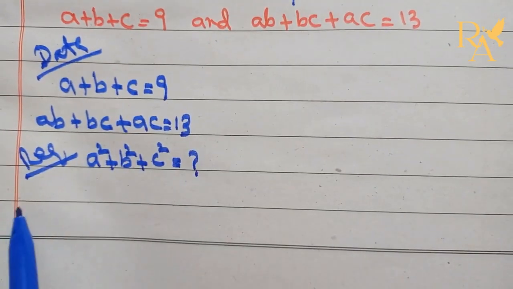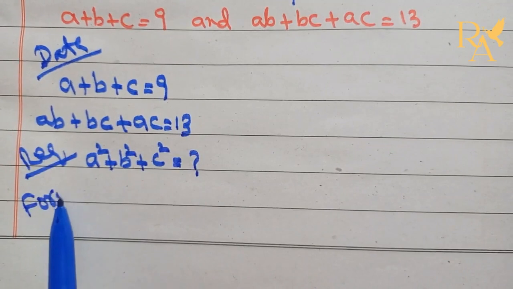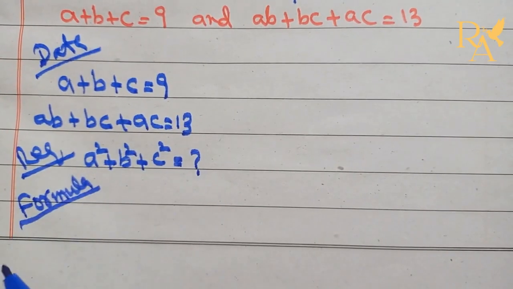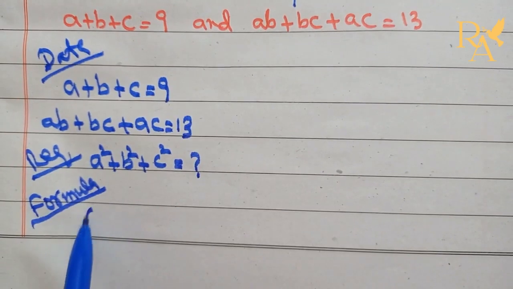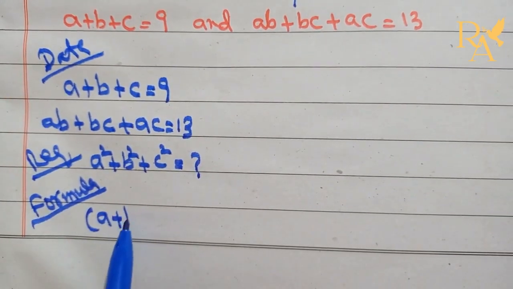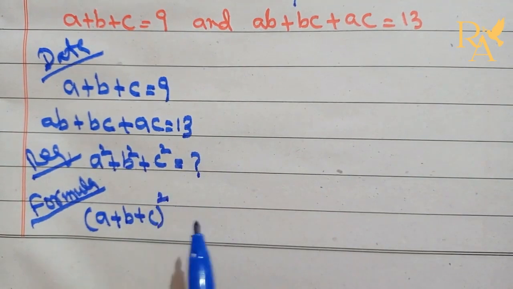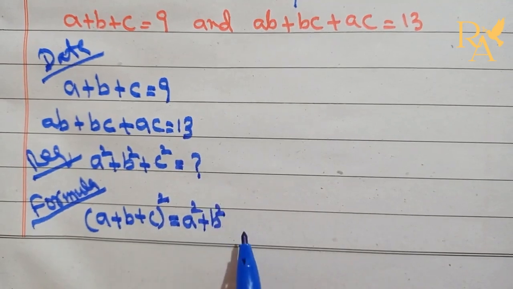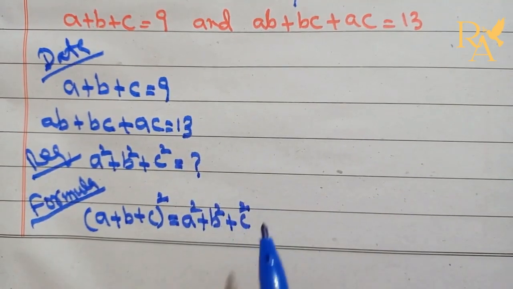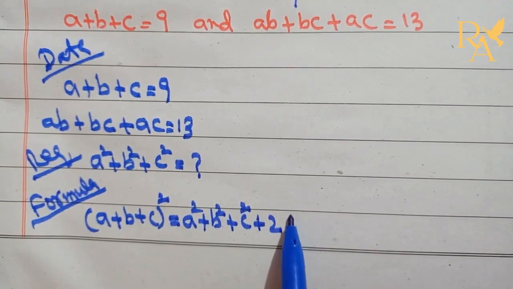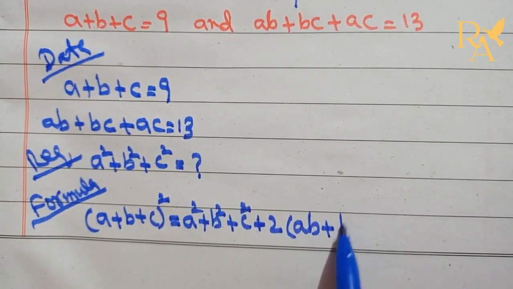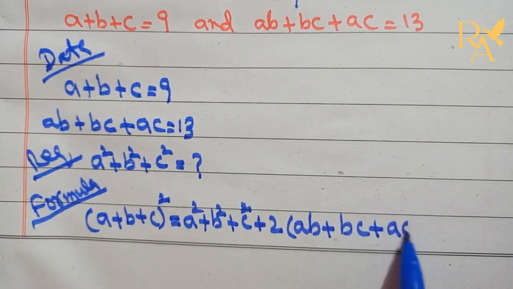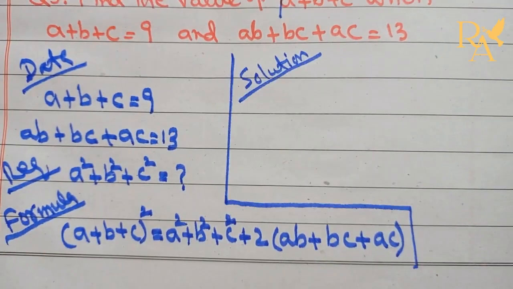Now we will use the formula (A plus B plus C) whole square is equal to A square plus B square plus C square plus 2(AB plus BC plus AC). Now put the values in this formula.